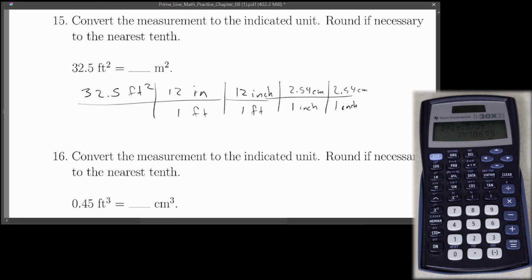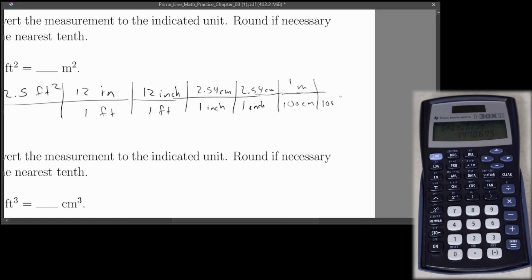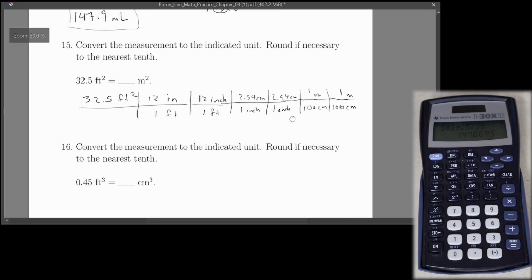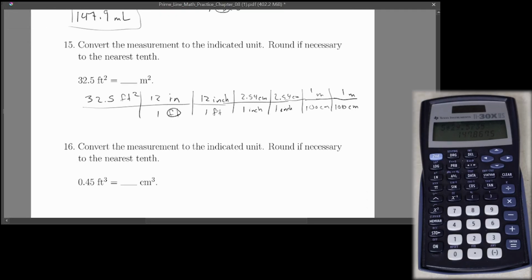And then 100 centimeters is 1 meter. So on this, feet cancel out our square foot. Inch cancel out. Centimeter, and then meter gets us square meters.